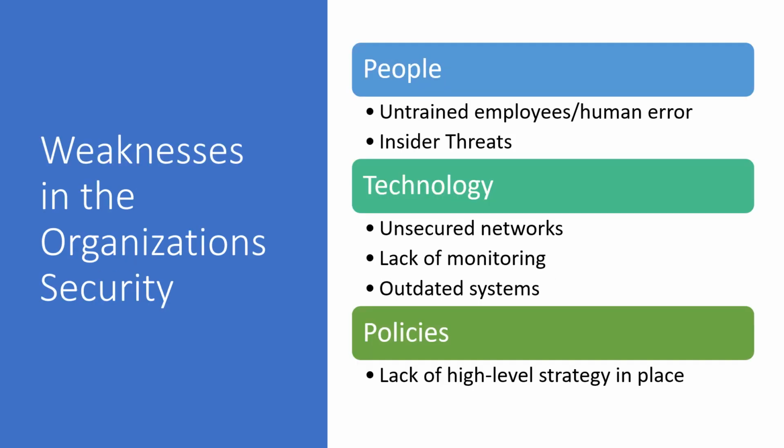We will now discuss the three main components that have exposed the weaknesses in our organization's security, starting with people. I have untrained employees and human error and insider threats, which I believe can go hand in hand.